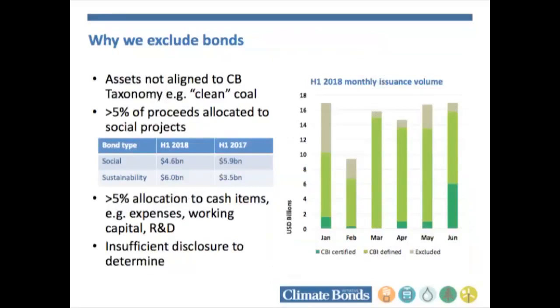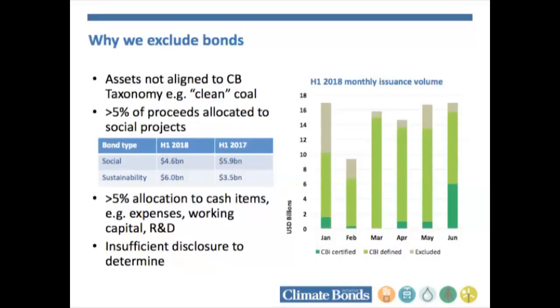So one of the things we end up doing as a result of this screening criteria is that we exclude bonds. Very often that's because the assets are not aligned to our taxonomy, and an example is so-called clean coal. So efficiency improvements on fossil fuel power generation are a category that is allowed, for example, under the Green Bond Principles.